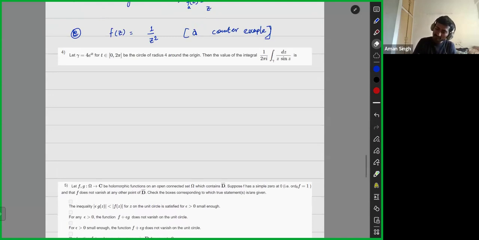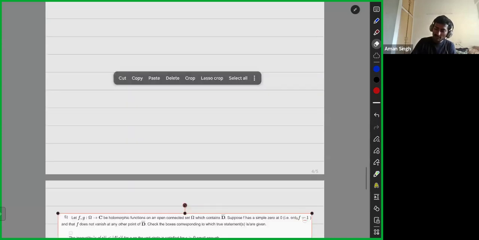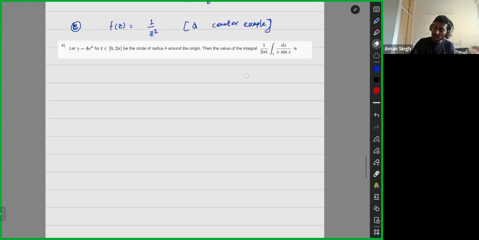Okay, let's see the fourth question first, then we'll solve the last question. We have a radius 4 circle around the origin. Let's draw that.